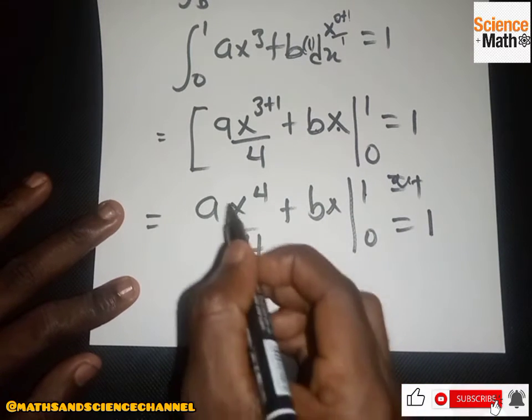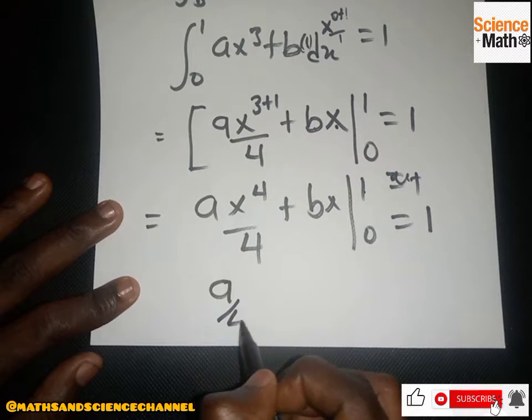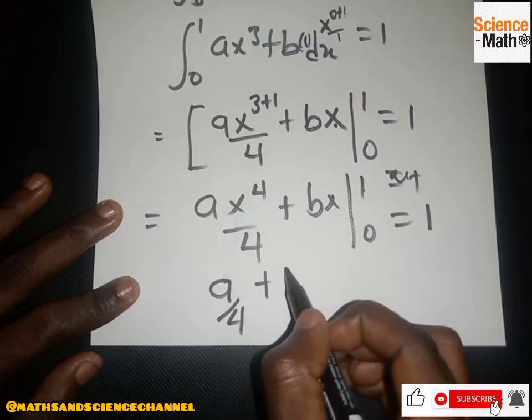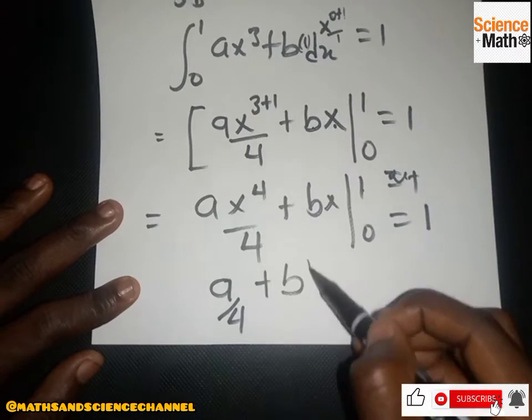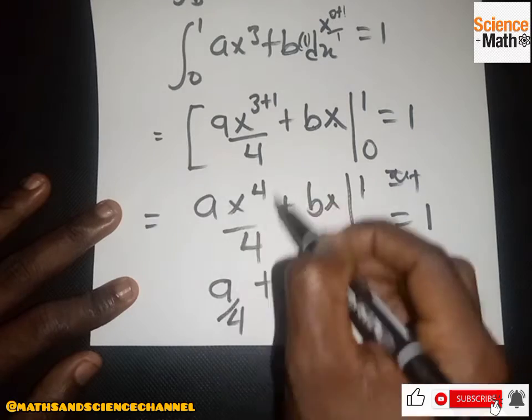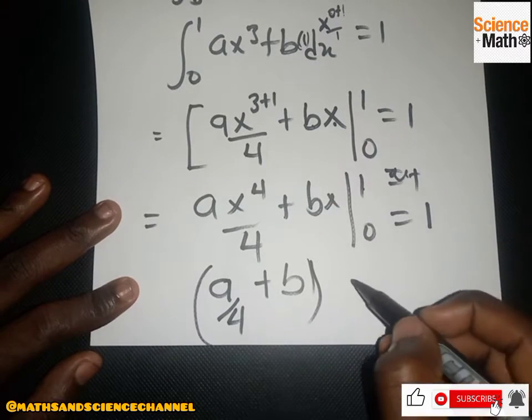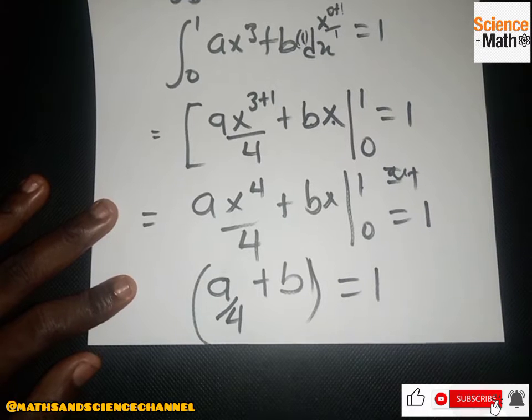So we have a divided by 4 plus just b. Now the other part is just substituting 0 into it. So everything goes to 0 and goes away, and then we have only that being equal to 1.